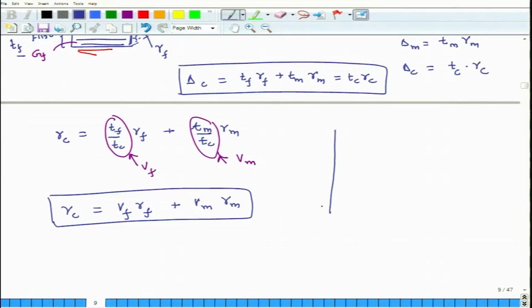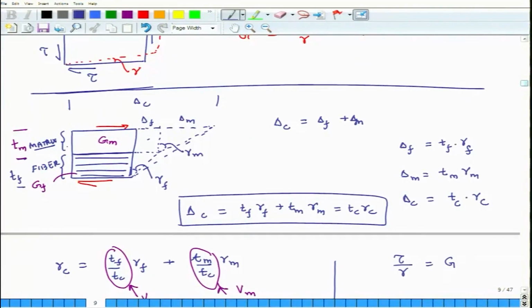But gammas are changes in angles, and their values are very small. Fiber by itself is isotropic, matrix by itself is isotropic, and for isotropic materials we had said that tau over gamma is G. Now, what is the shear stress in the matrix? It is tau.